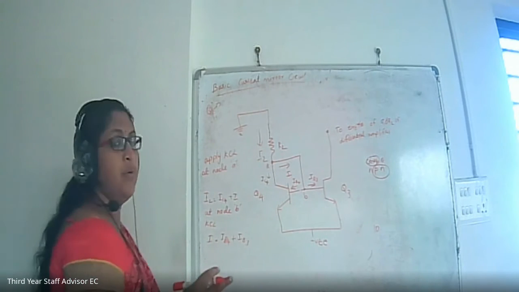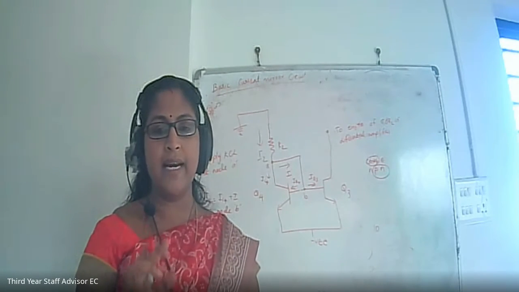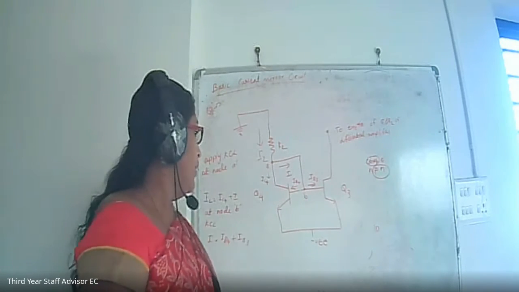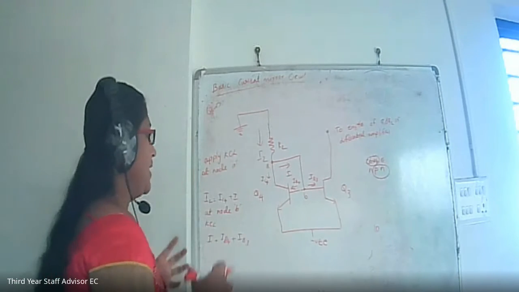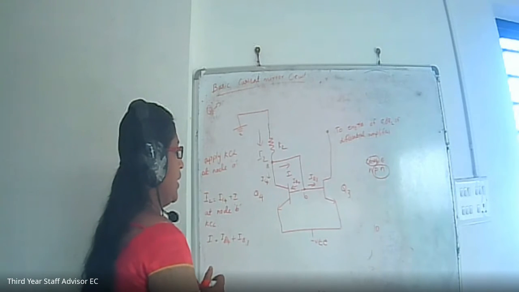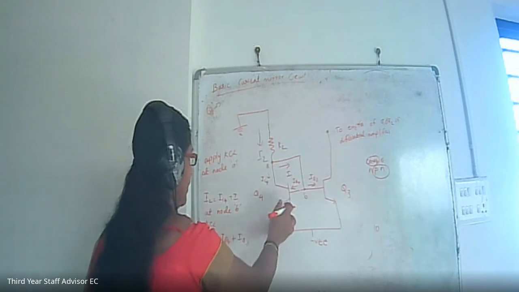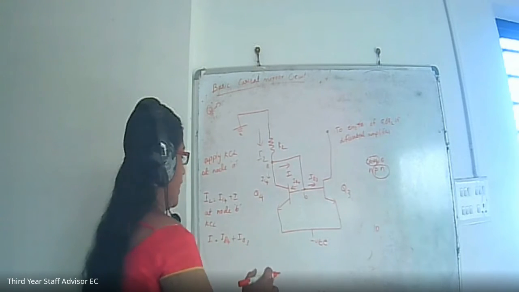But what was our first assumption? We assumed that both the base currents are the same. Since the bases of the transistors are connected together and the emitters are connected together, the base to emitter junction voltage will be the same. As a result, the base currents will be the same. We are assuming in that manner.